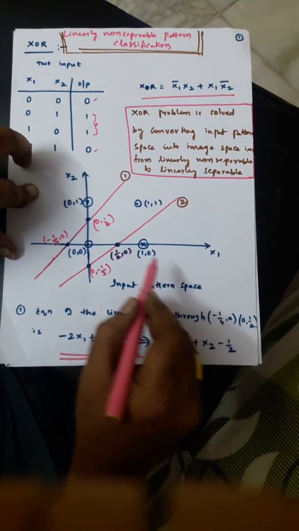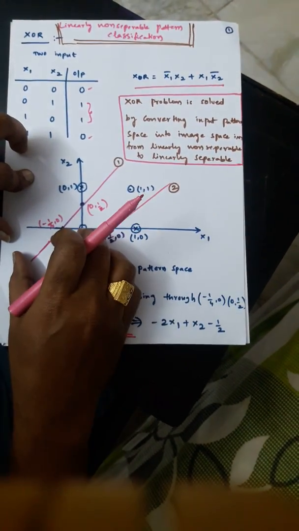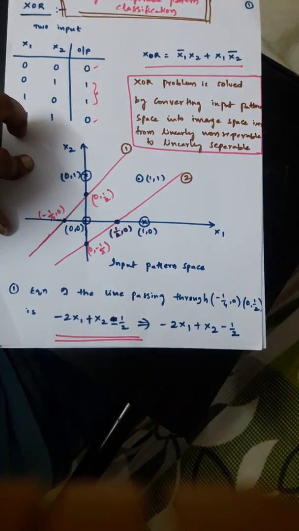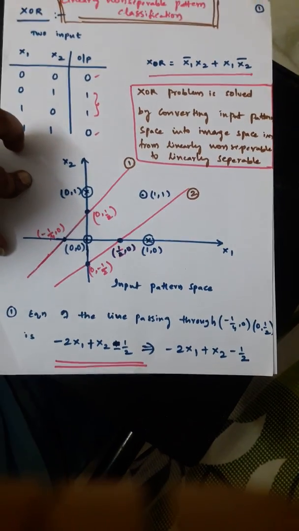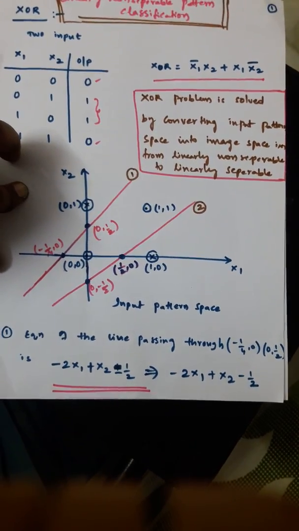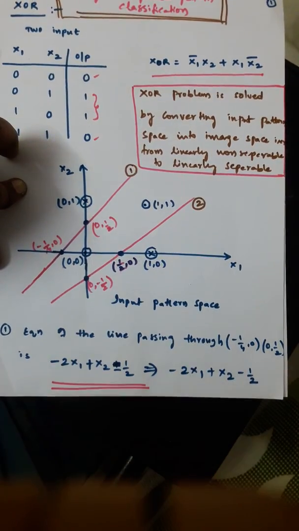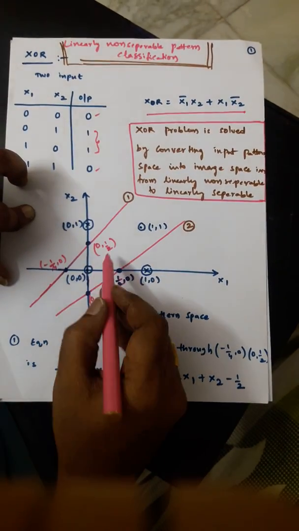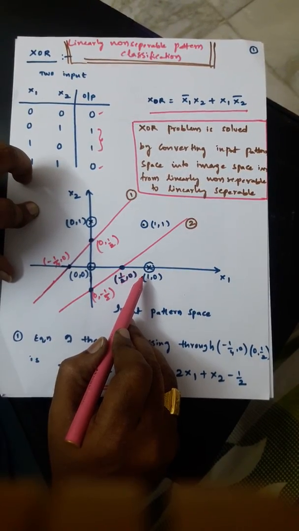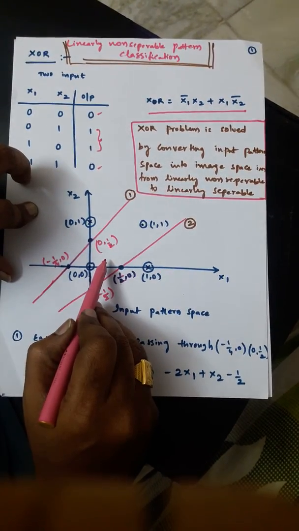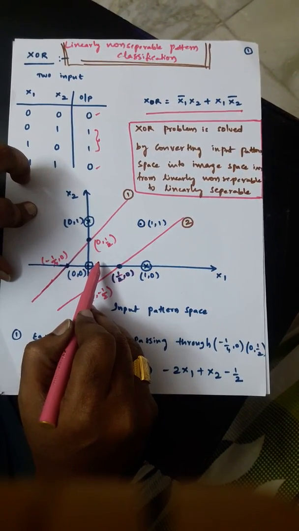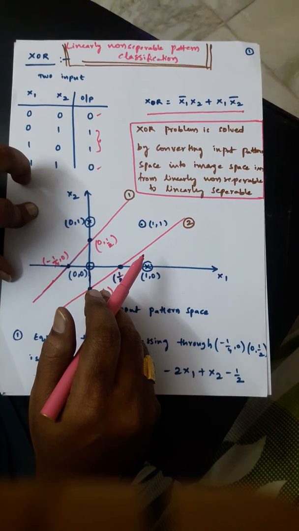So what I have to do is convert the given input pattern space into the image space. In the image space, you can divide the space into two separate regions.